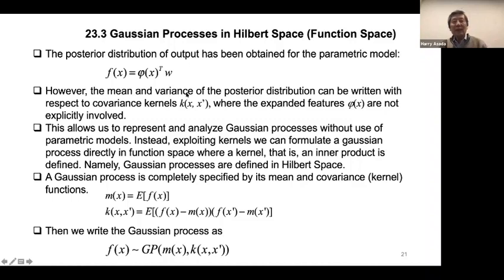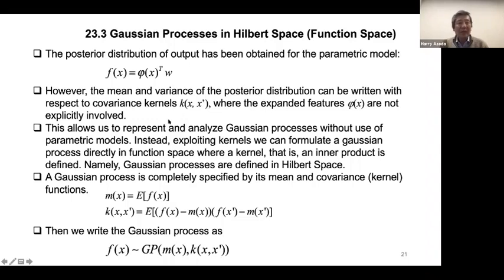However, the mean and variance of the posterior distribution can be written with respect to covariance kernels, K, where the expanded features in phi X are not explicitly involved, right? Not explicit. This may be high dimensional, not explicitly involved. So we put it in the background. We focus on the kernel K.